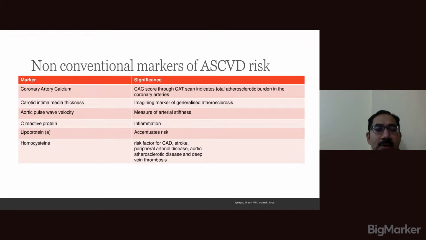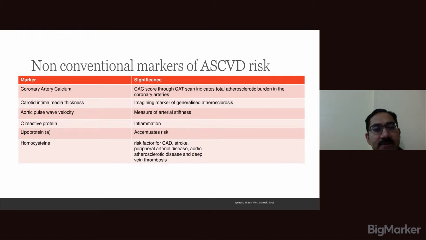So what are the non-conventional markers for atherosclerotic cardiovascular disease risk? One of the non-conventional markers we can use to screen patients at high risk of ASCVD is the coronary artery calcium score, which can be calculated by a CT scan. Duplex of the carotid arteries, where we can measure the carotid intima media thickness.